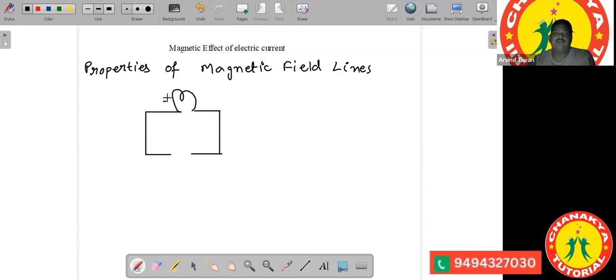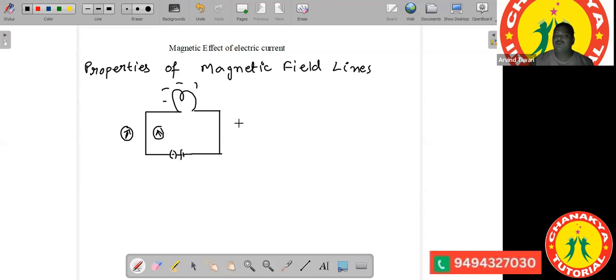If you turn on the switch, the compass needle shows deflection. Here it shows deflection in one direction, and if you put the same compass needle on the other side, it shows deflection in the opposite direction. So here we concluded that there is magnetism because of electric current.